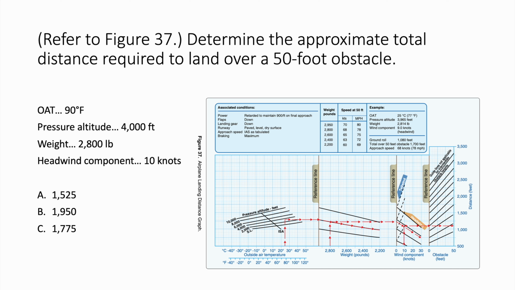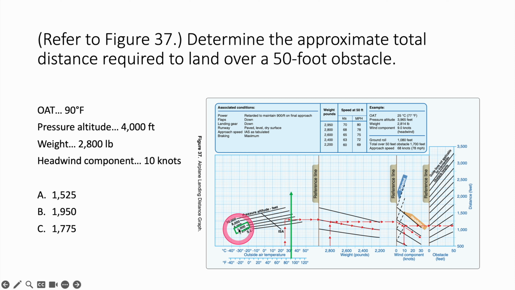All right, here's a fun one. Figure 37: determine the approximate total distance required to land over a 50-foot obstacle. Our starting point on the left, we were given outside air temperature 90 degrees Fahrenheit and pressure altitude 4,000 feet. So there's 90 degrees, and you can track that straight up.